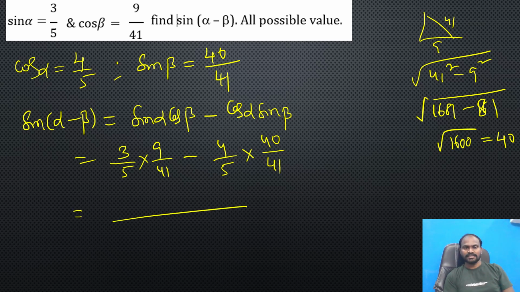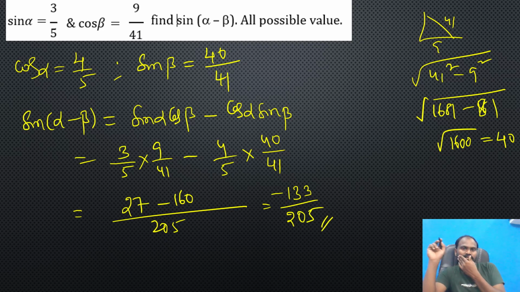You can see the LCM is same, so 205. So it's 27 minus 160, which is minus 133 by 205, the value of sine of alpha minus beta. The simple basic question now, okay, to understand the usage of the formula.